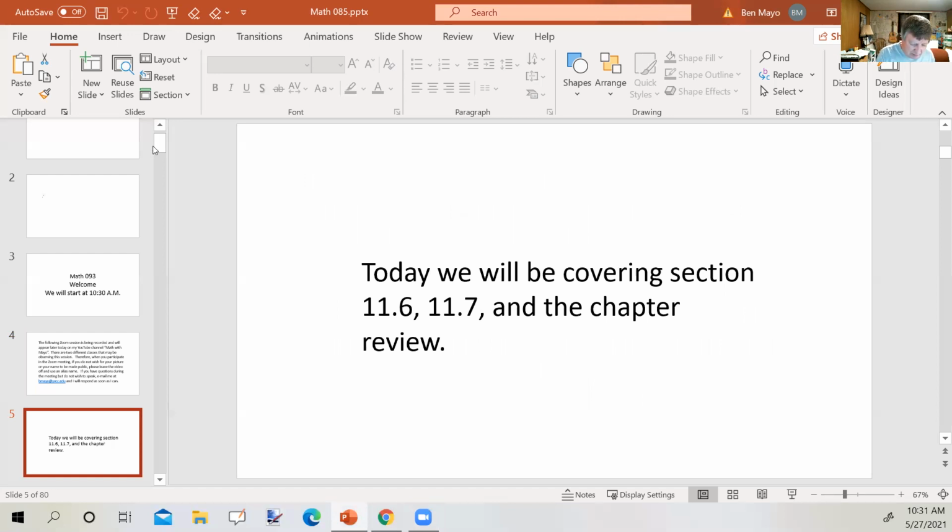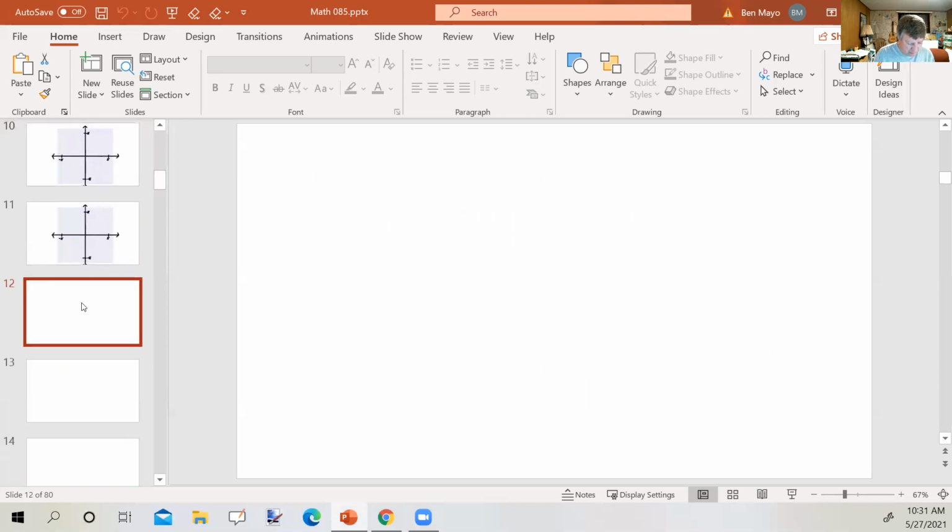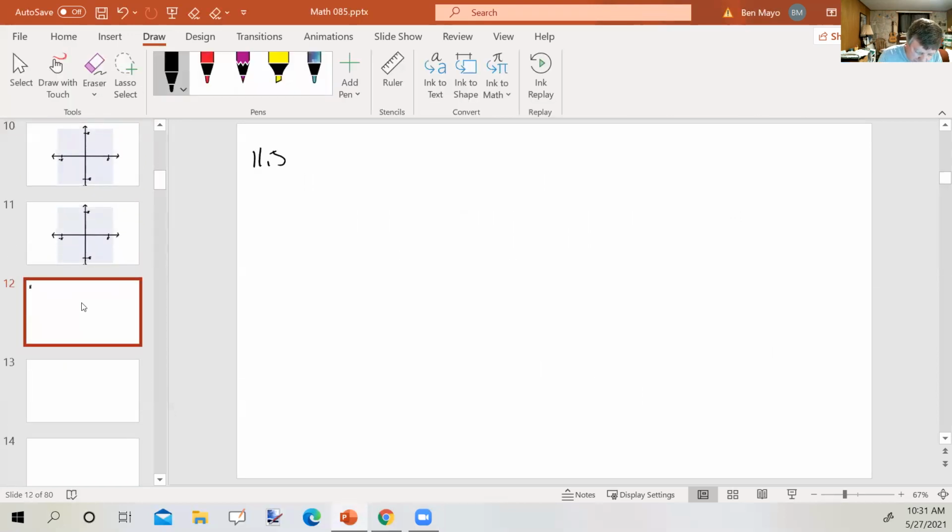Before we do that, I've got some questions from a student concerning section 11.5, part 1, and this has to do with log notation.